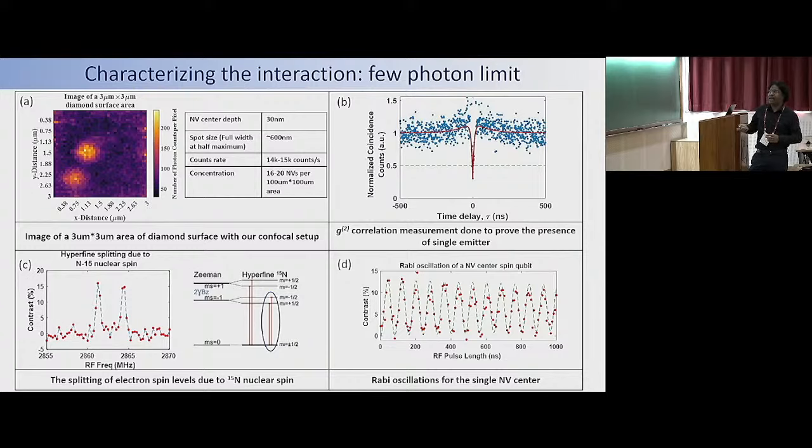This is the RF pulse length used for creating specific states. Once you know the exact Rabi oscillation frequencies, you can create a superposition state between the ground state and excited state as required.